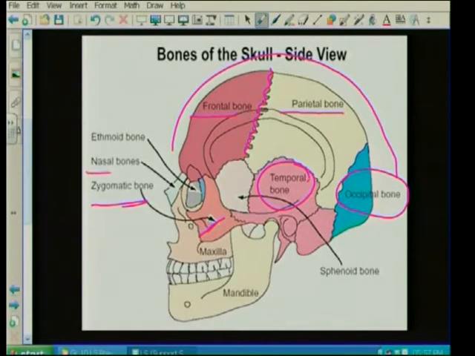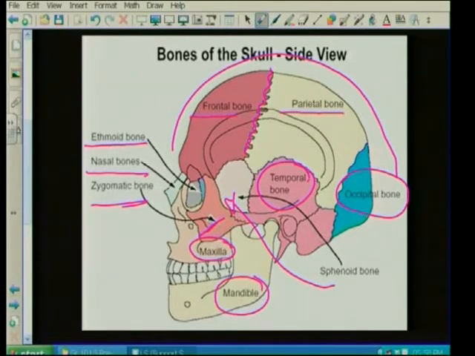We said that they have nasal bones, and on the inside of the nose or the nasal passage, we have the ethmoid bone. And we also have on the cranium the sphenoid bone. The upper jaw, as you can see, is called the maxilla, and the lower jaw is the mandible.